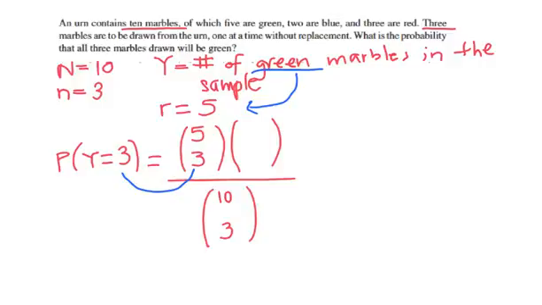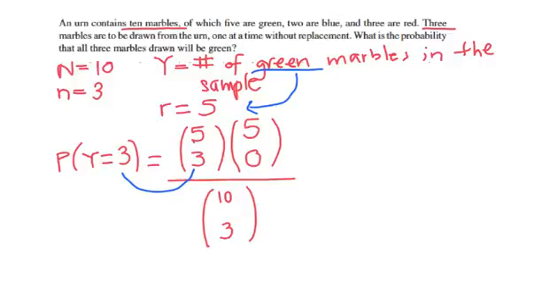And then in the other part, you write whatever is left. Since you have 10 elements in total and R is 5, the rest of them should also be 5. And then from the sample, you have 3, you want 3 greens, so you don't want to select any other element from the other group.